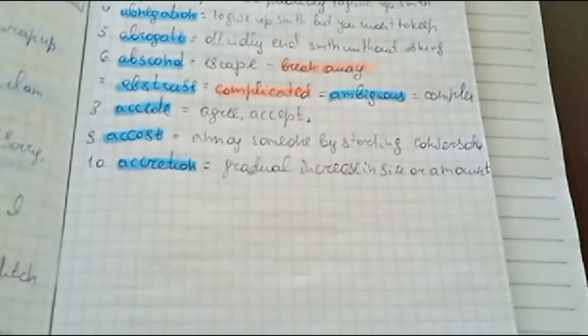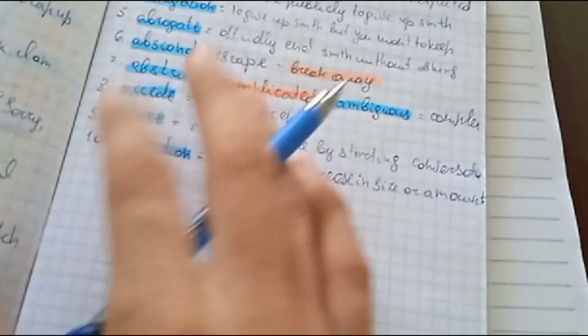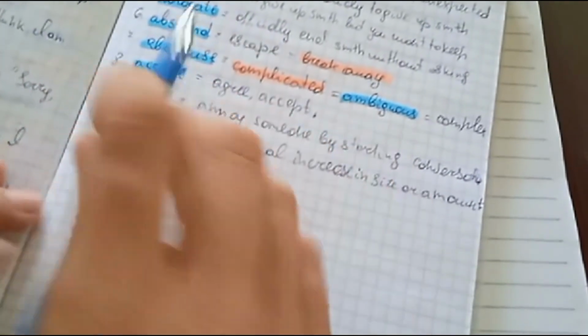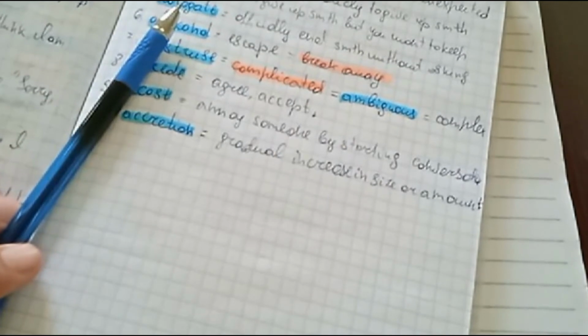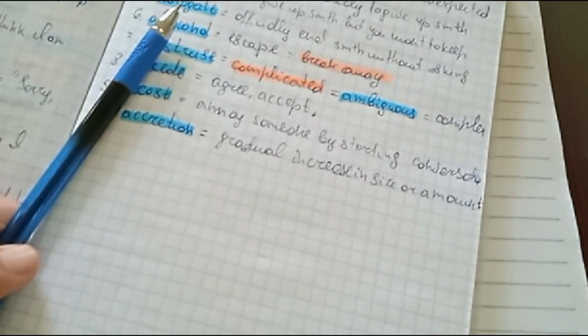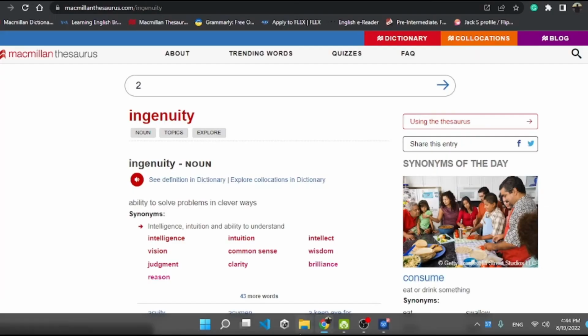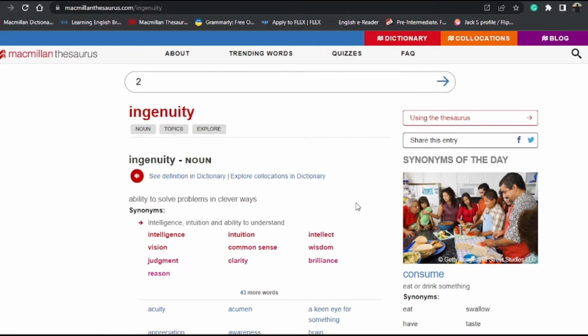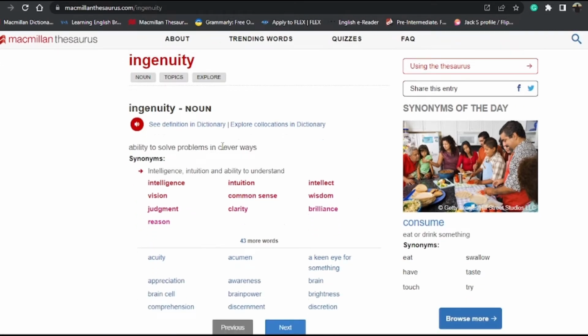And then I think that ingenuity, I must write it here. Ingenuity means, I want to show you, I'm going to search for it. Ingenuity means the ability to solve problems in clever ways, intelligence, intuition, and the ability to understand.